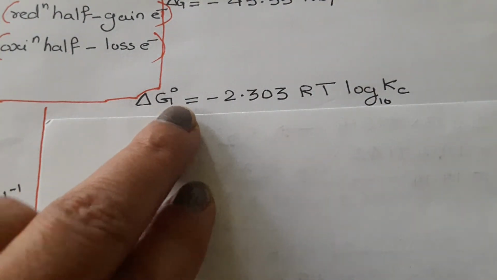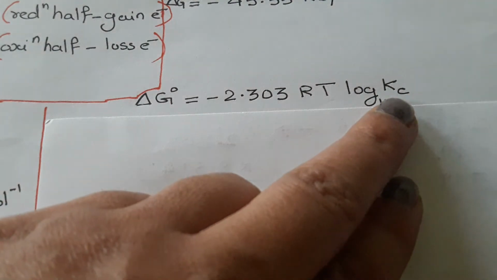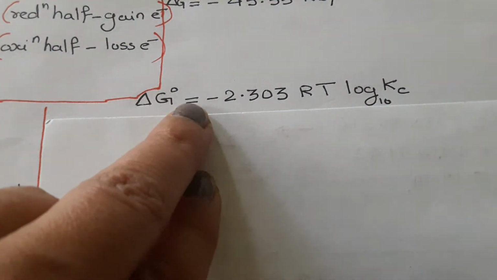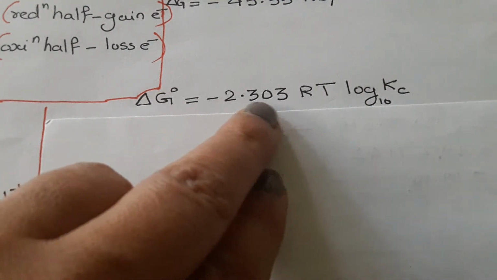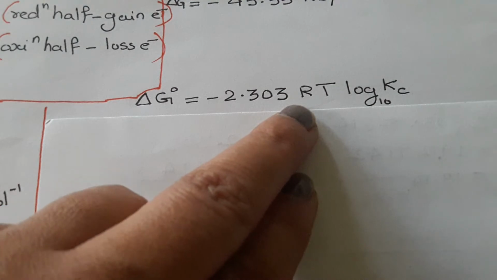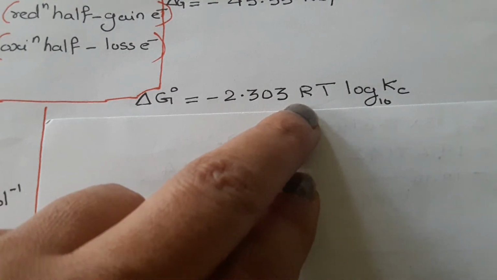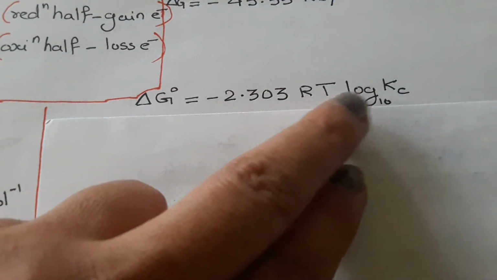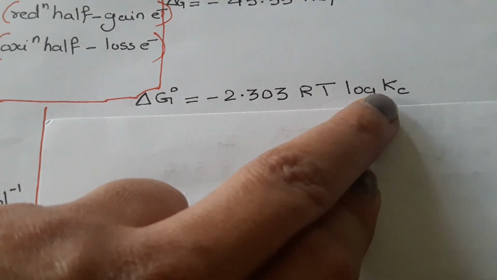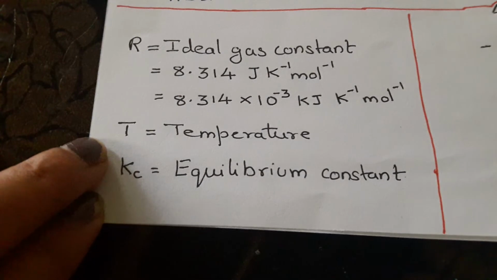Next, we need to find the equilibrium constant, that is Kc, and the relationship between Gibbs free energy and the equilibrium constant is given by the equation delta G naught is equal to minus 2.303 RT log Kc, where R is the ideal gas constant, T is the temperature, and Kc is the equilibrium constant.